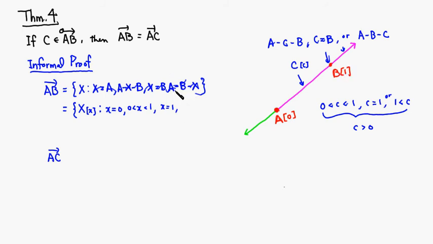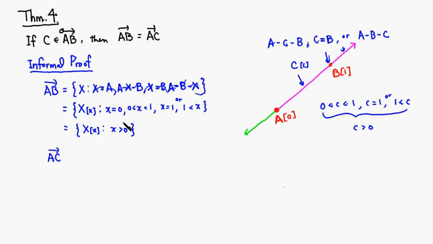If B is between A and x, then x is certainly bigger than 1. This is a long way of saying, with these being OR, that this is a collection of points on line AB such that the coordinates are just positive: 0, between 0 and 1, 1, and greater than 1. So that's just all positive real numbers.